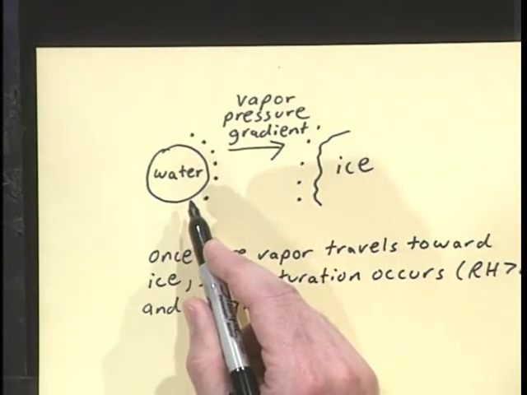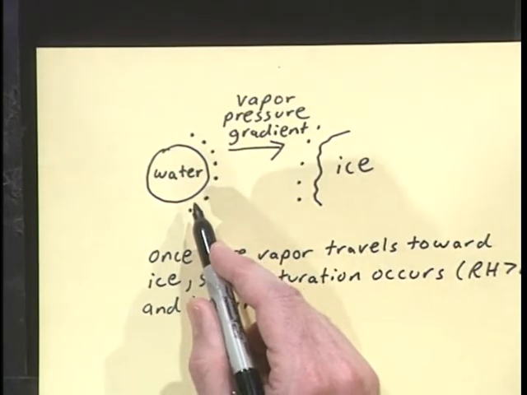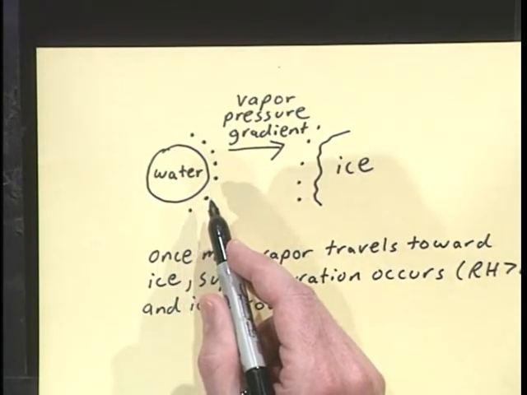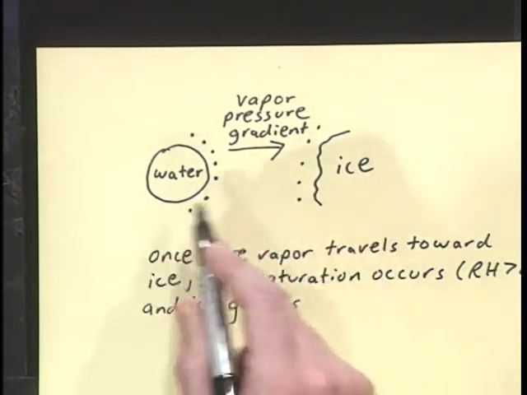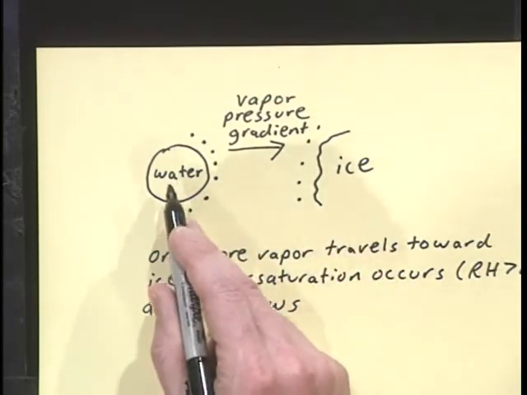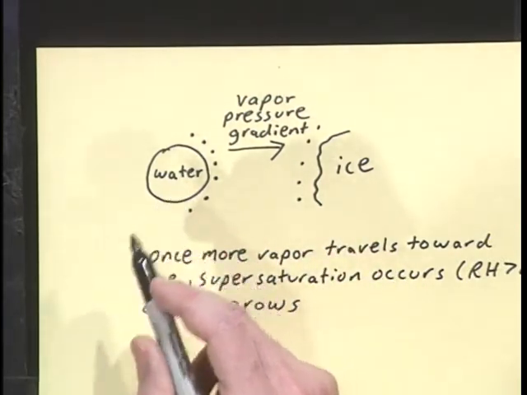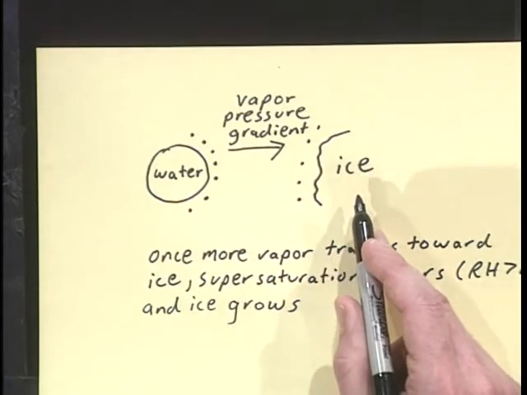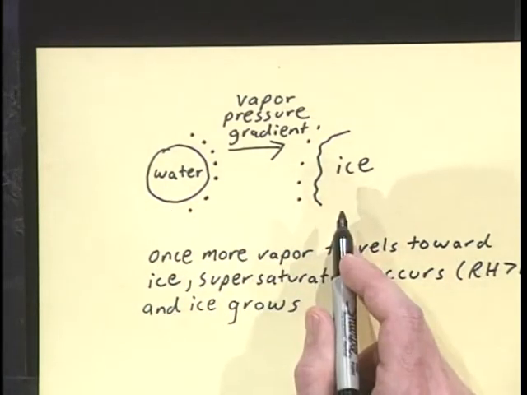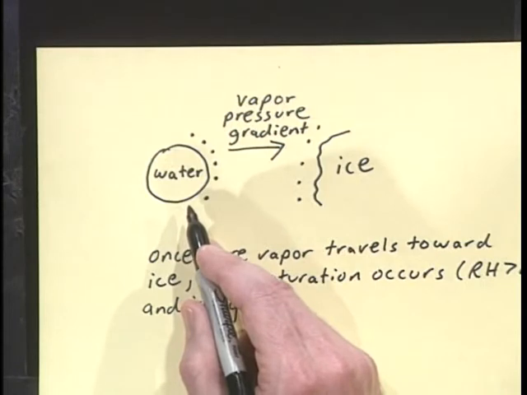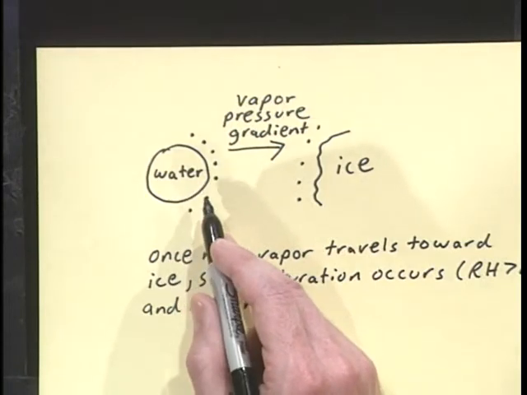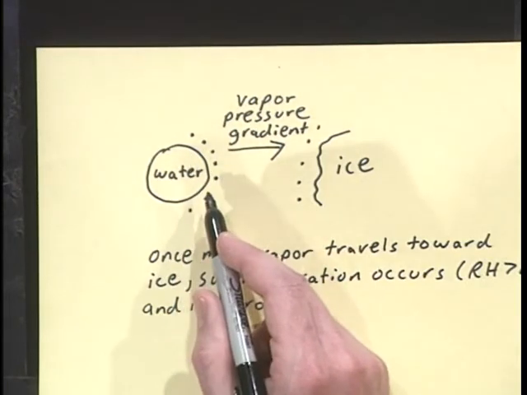Since the liquid water can support a higher vapor pressure, and suppose that this water and ice are at the same temperature. So this water here is super cooled, and we have ice here at the same temperature. Even though they're at the same temperature, you're going to have more water molecules that are able to evaporate away from this water surface.